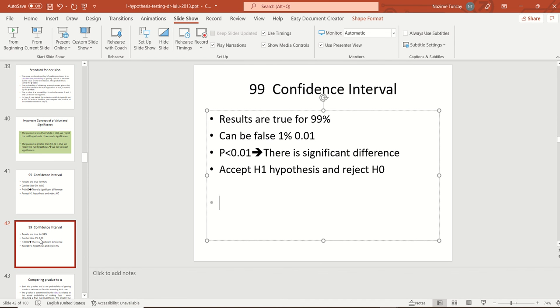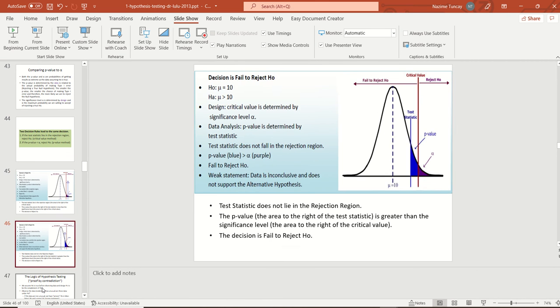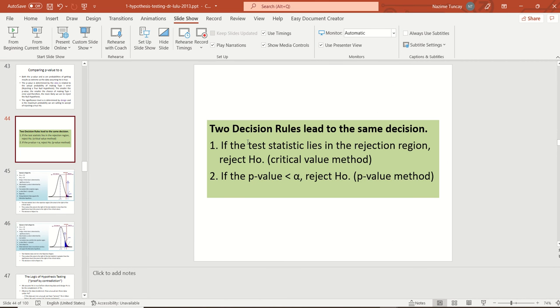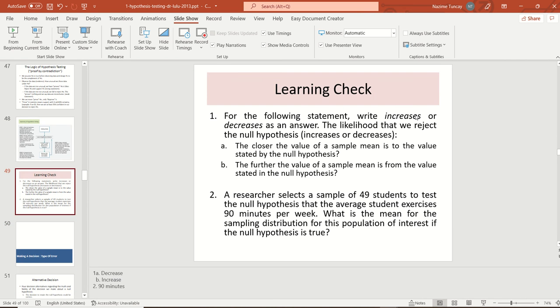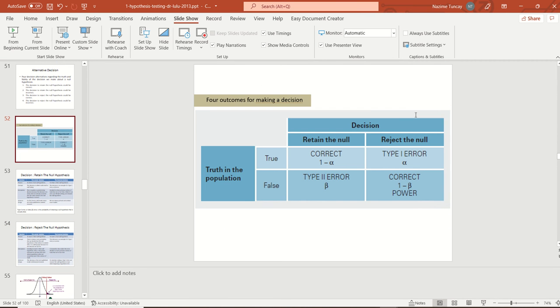Now, with these definitions, you have this here. This is graphical, you don't need to learn the graphical thing. This is another thing that I want you to learn, that we can have mistakes.